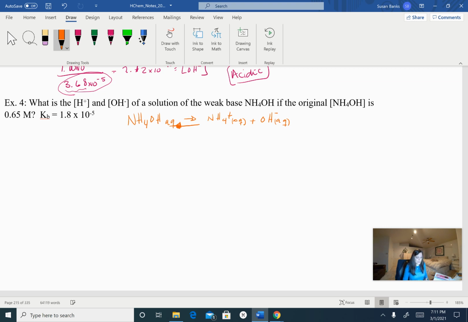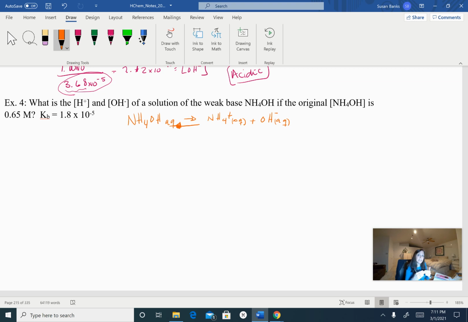Remember, not all reactions go to completion. In fact, most reactions don't. Most reactions have an equilibrium where they are going back and forth. Now, when equilibrium is achieved, that means the rate of the forward reaction is equal to the rate of the backward reaction, or the reverse reaction.